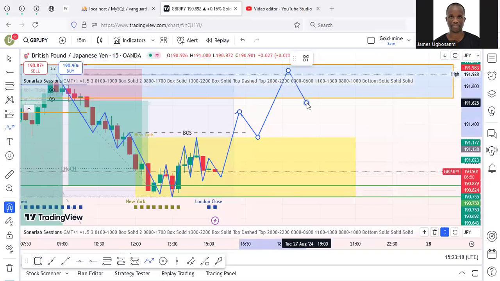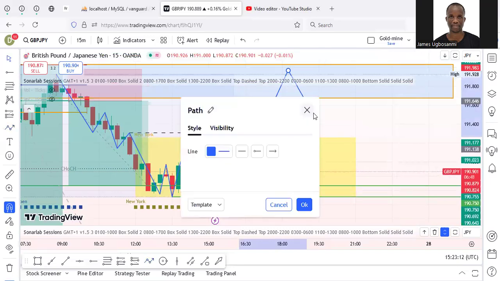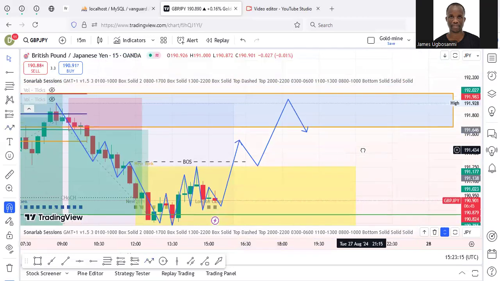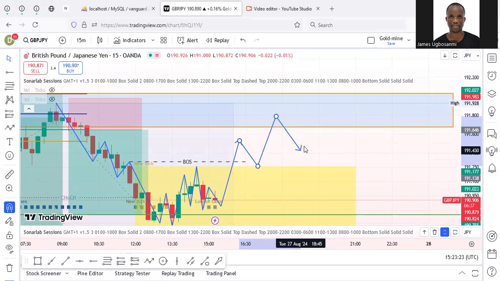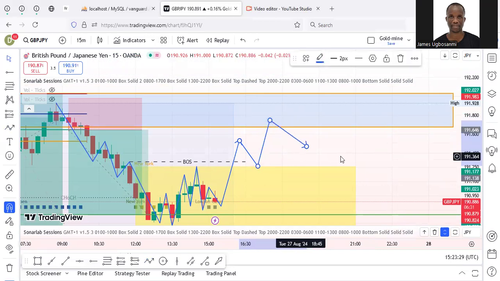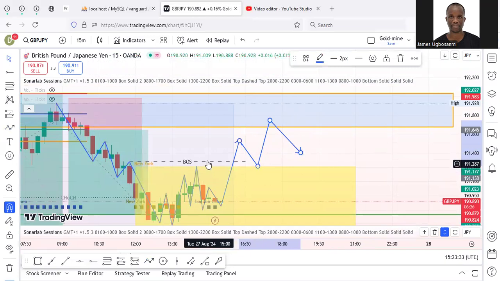All we need is two higher highs in order for us to confirm. It might not even get to this height. It can just be some small indication here. All we need is for it to just break above this guy.